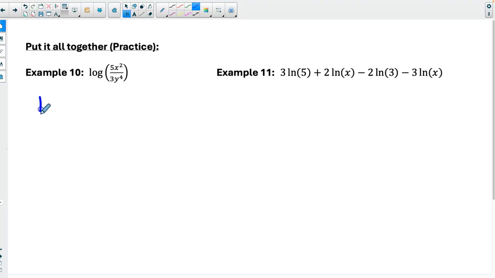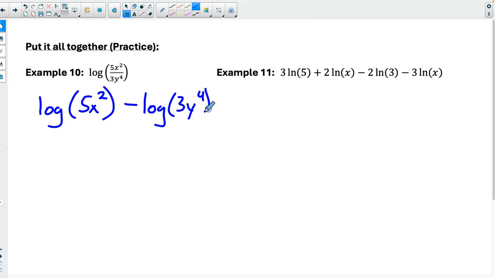I can write this as log 5x squared minus log 3y to the 4th. We got to break it up just a little bit more. So think about this. Do we want to use a bracket for the subtraction, or do we want to just go minus sign, minus sign? What do you want to do?